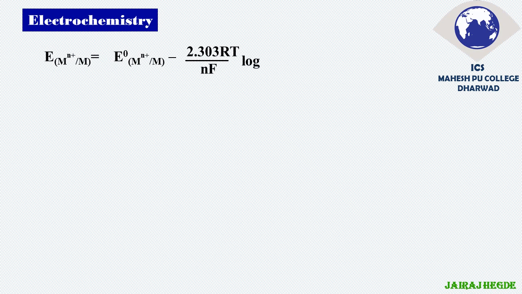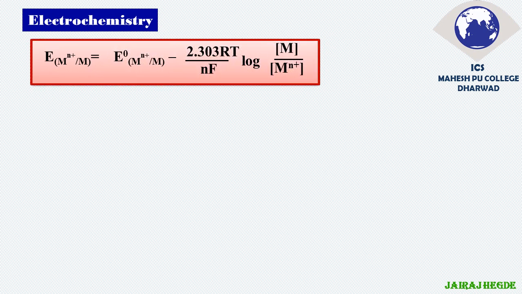So in order to convert that ln into log, we have to multiply by the term 2.303. 2.303 RT by nF log of the reduced state, which was M, and the oxidized state, which was Mn plus. Or in other words, E is equal to E naught minus 2.303 RT by nF log of concentration of metal to concentration of metal ion, or reduced state to oxidized state.